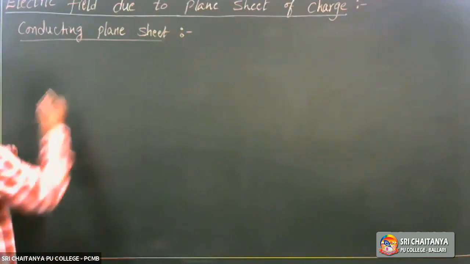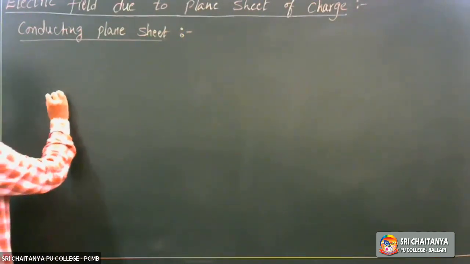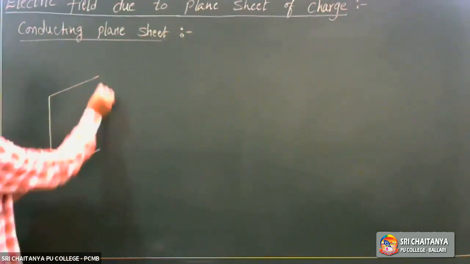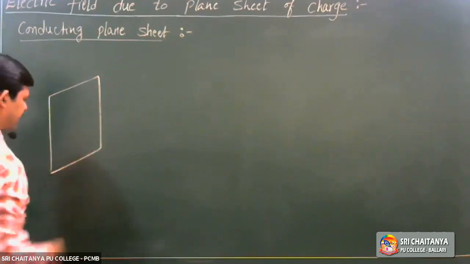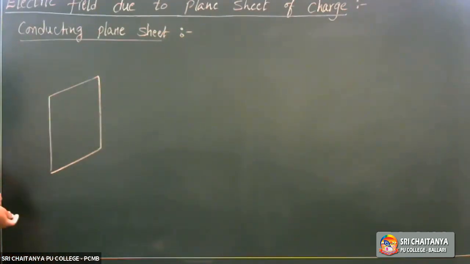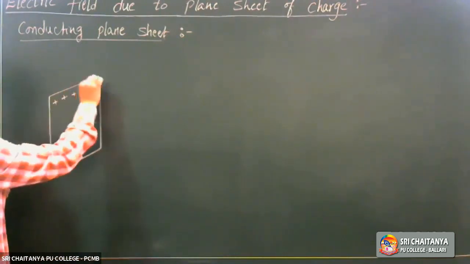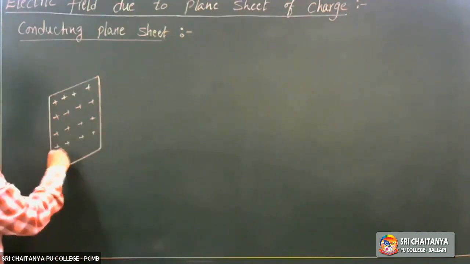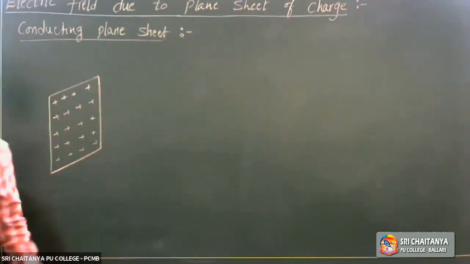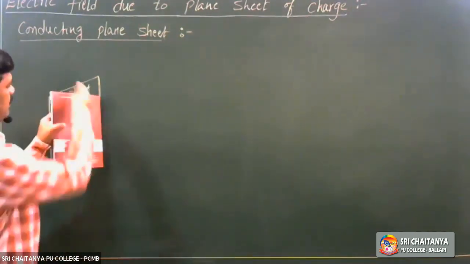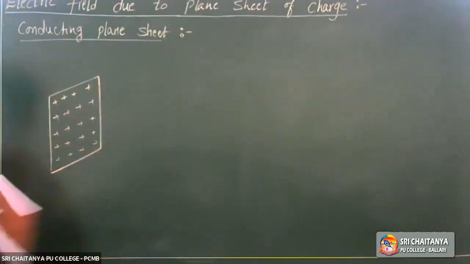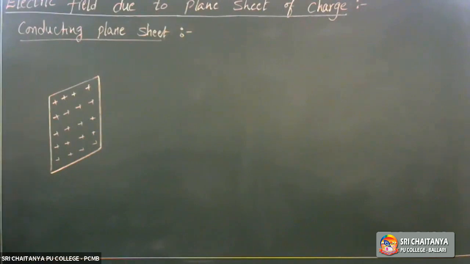Generally we show plates like this. Whenever I give a charge to this plate, the charge resides on the surface. From the side view, when I keep it like this, the charge appears on this surface, and on the backside also there is a charge on the surface. But inside, there is no charge. So this is a conducting one.